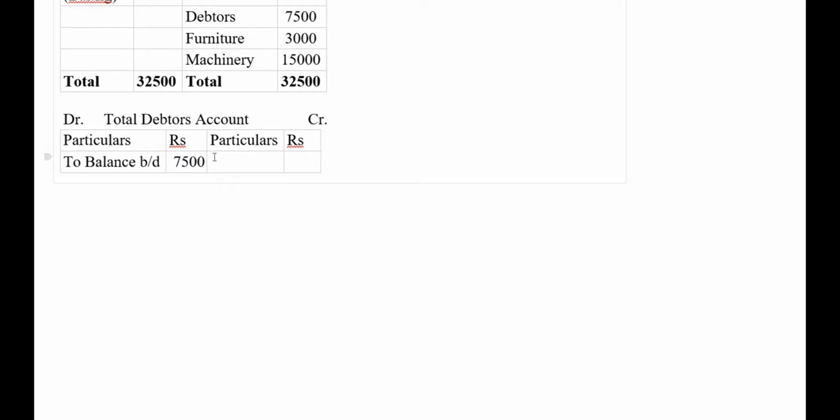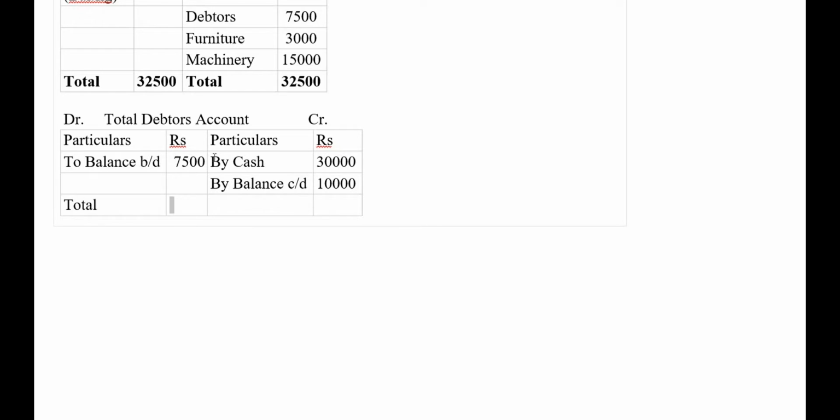So debtors account is credited by cash. So 30,000 is received. Then there are no other transactions here. So by balance carried down, that is rupees 10,000.